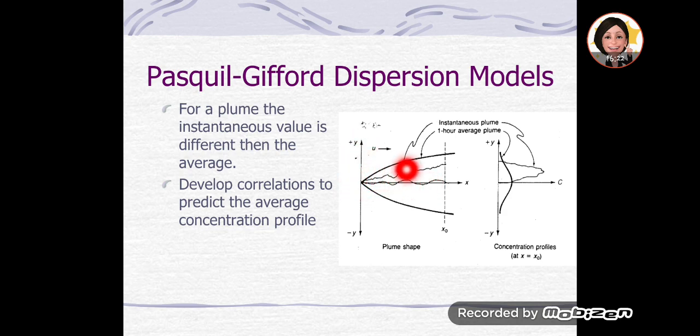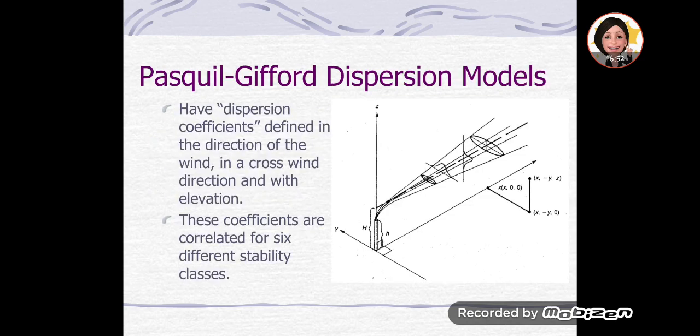It starts small, a smaller dispersion, but after an hour the dispersion gets bigger. The average is always different from the instantaneous value. This one is the plume shape, and this is the concentration profile. In the beginning the concentration was high, then as time passes and it spreads, the concentration decreases.